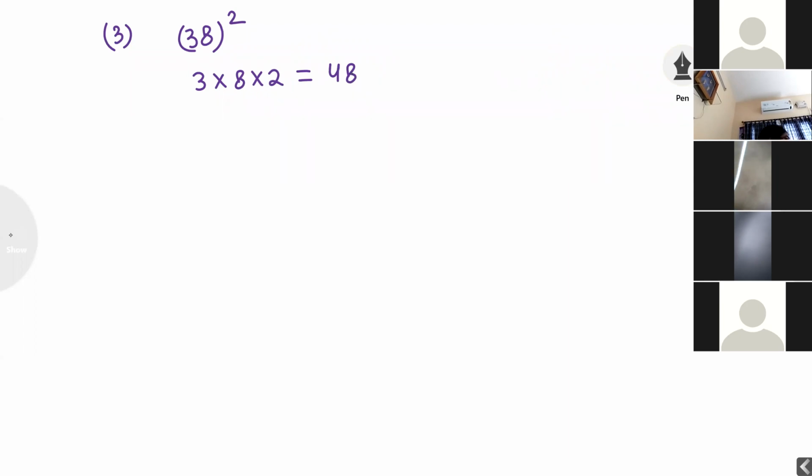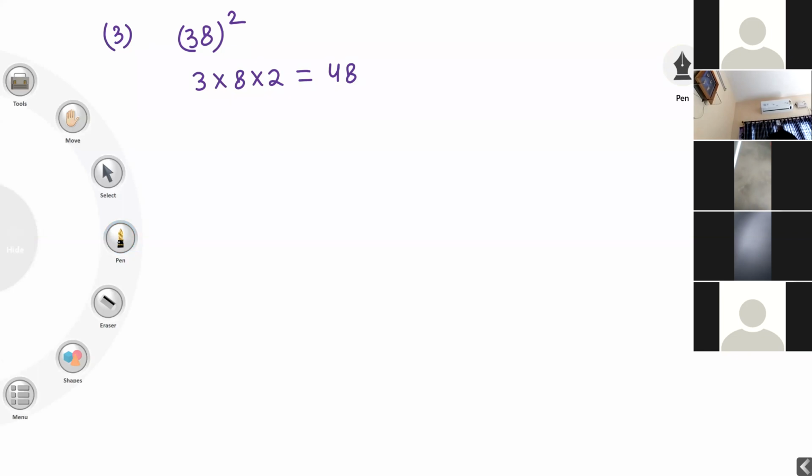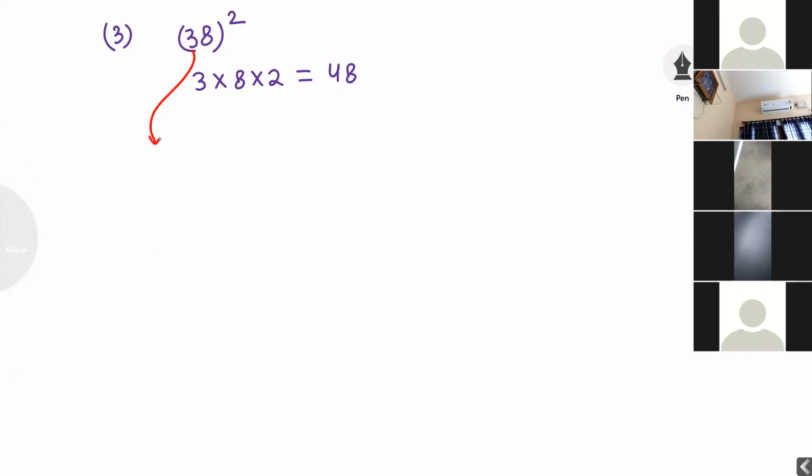Again, I want to find out square of ones place and tens place. Square of ones place digit is what? 8, 8 square. Square of tens place is 3, 3 square. 3 square is 9, but I want to make two digit. 9 means 09. And 8 square, 64.